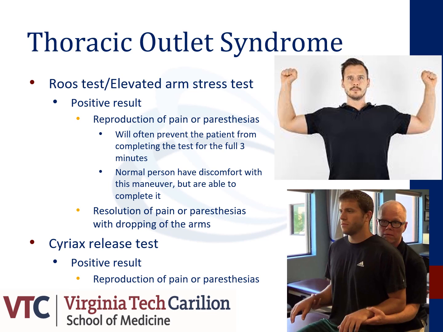And the Cyriax release test is performed by the practitioner elevating the patient's forearms while having the trunk tilted slightly posteriorly. The elevation of the shoulder girdle is then held for up to 3 minutes, and the test is considered positive if there is reproduction of the pain or paresthesias or a positive release phenomenon that occurs at completion of the test.